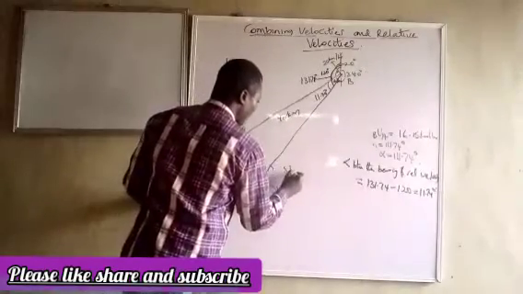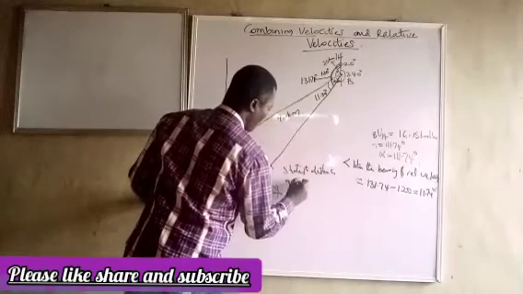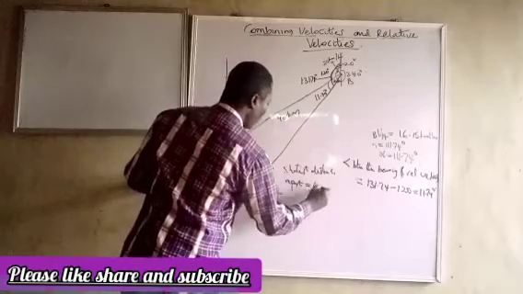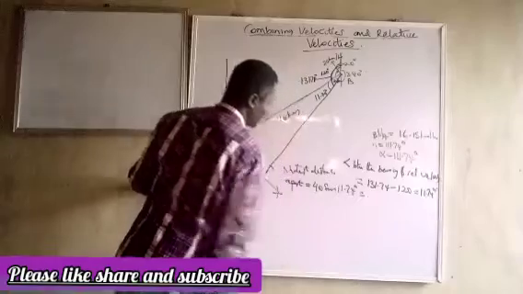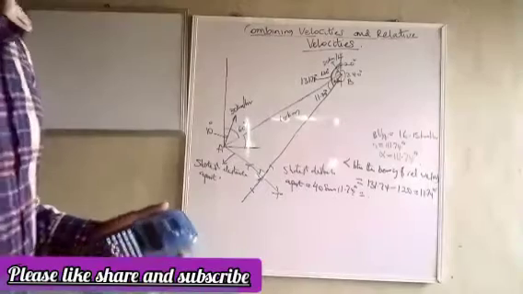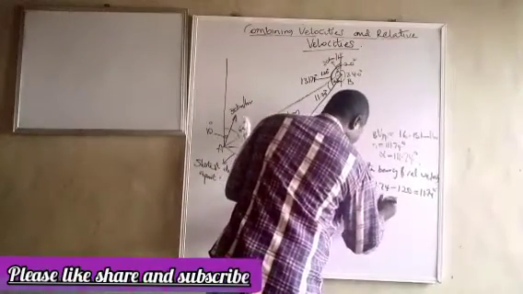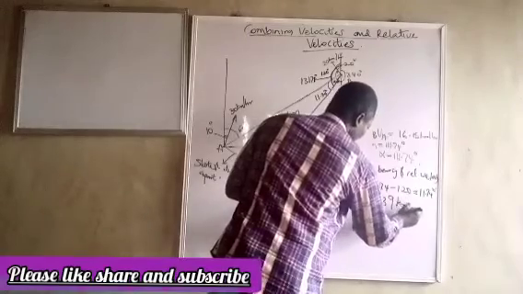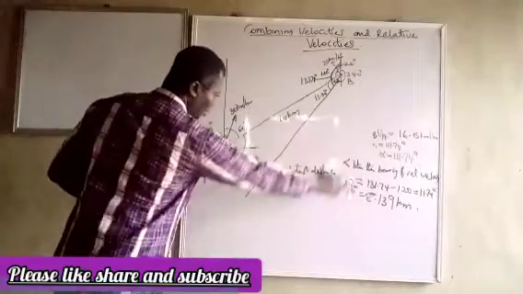So shortest distance apart is equal to 40 sine 11.74 degrees. So this gives 8.139 kilometers. If you use calculation or a diagram to scale, you'll get a very close answer.